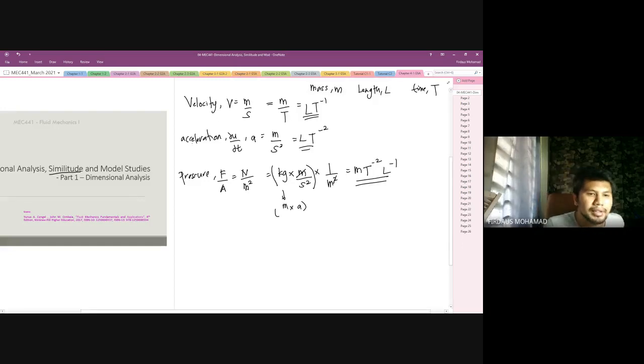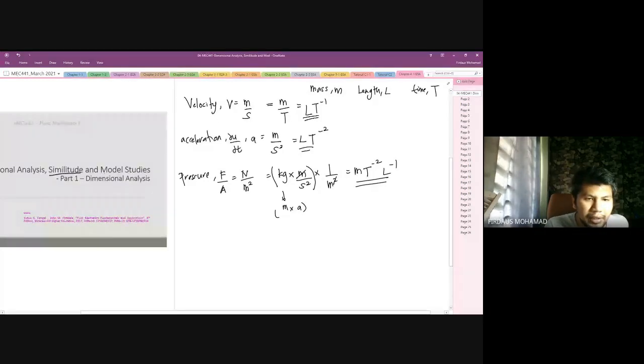And then the second part is model studies.